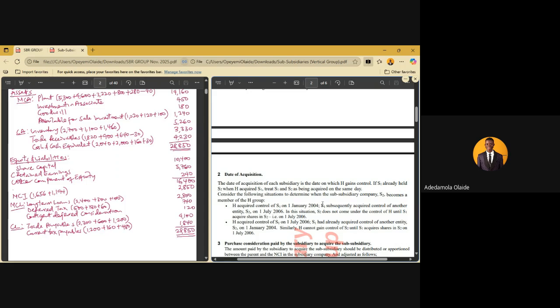A acquires B on 1st January 2016. Then B acquires C on 1st May 2016. The date of acquisition of C to A is that 1st May 2016 because C was acquired after the acquisition of the subsidiary.